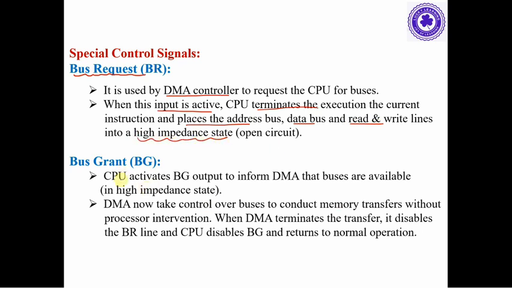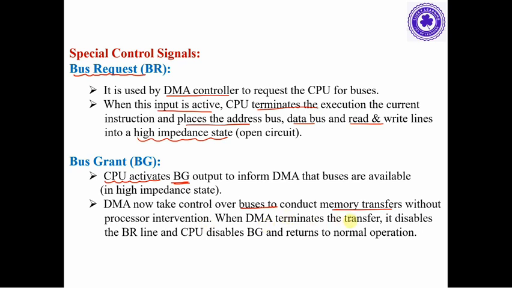What is bus grant? The CPU activates the bus grant output to inform the DMA that the buses are available in the high impedance state. Once the DMA gets the bus grant signal, it takes control over the buses to conduct memory transfers without the processor intervention. It means the transfer happens without the intervention of the CPU.